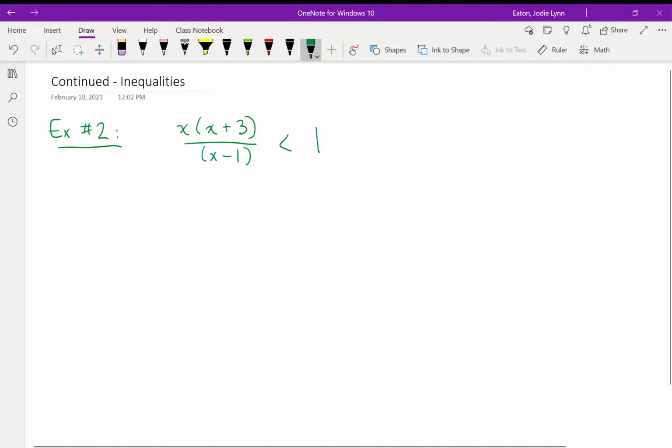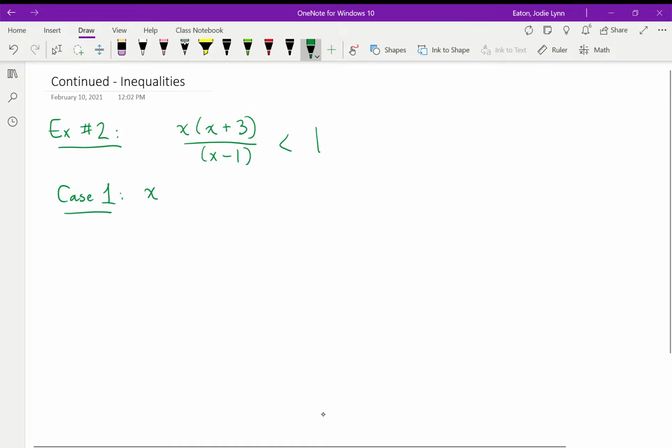The issue when you have an inequality where you want to multiply both sides by something containing a variable is that you have no way of knowing whether or not the variable is negative. So let's look at our first case.